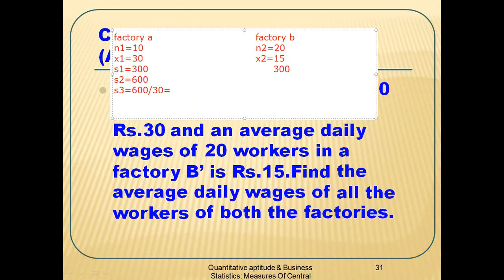That means your combined arithmetic mean in this case is 600 divided by 30, the zeros cancel, 3 twos are 6, so it is 20. So the overall average wage of both factory A and factory B is 20.